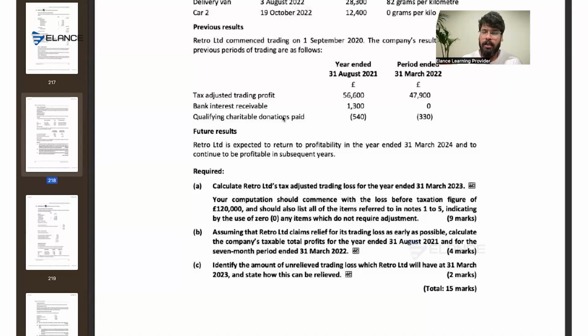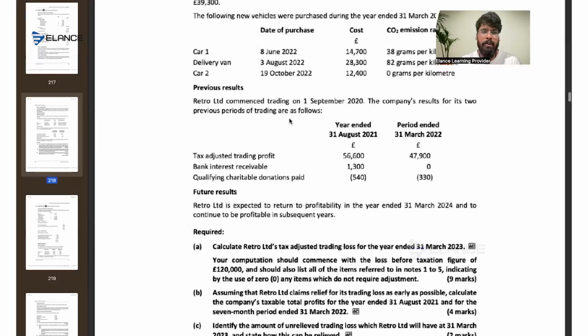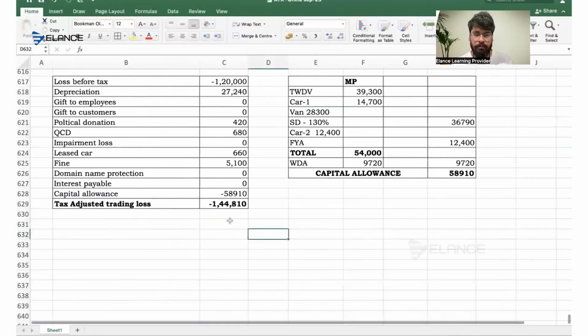Here we are given the previous results of this company, so we can directly copy these two into our answer. Year ended 31st August 21.